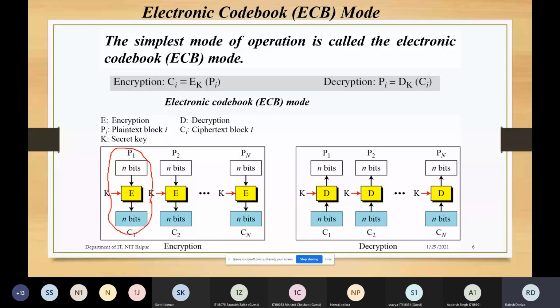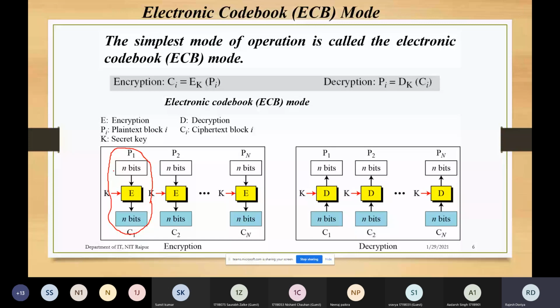for a single block. Let's say this one was the first block and it has been treated as P1, plain text. Let us consider that it consists of n bits.